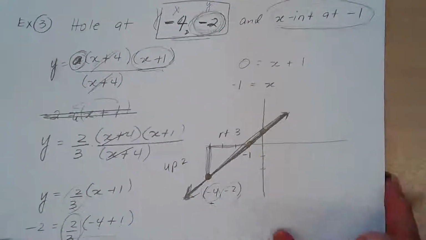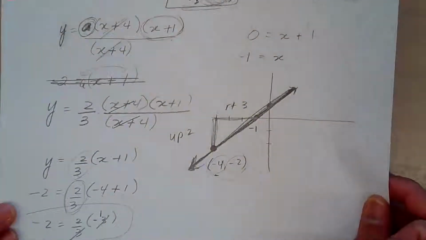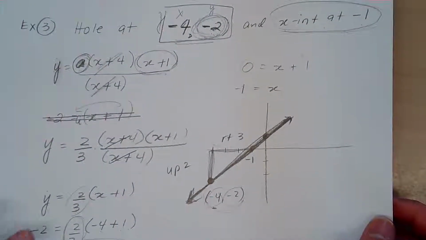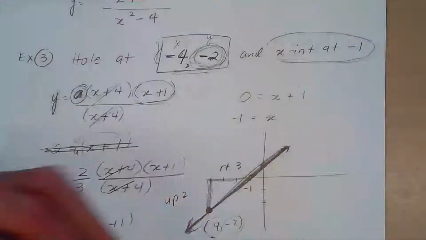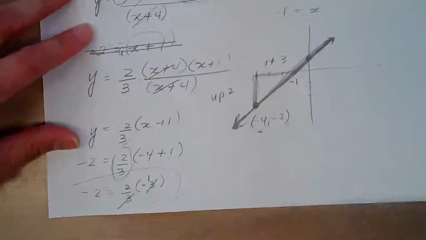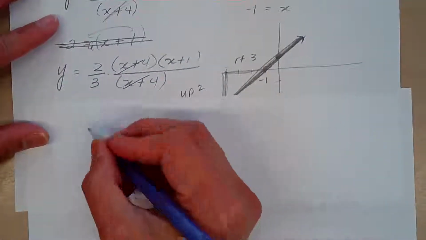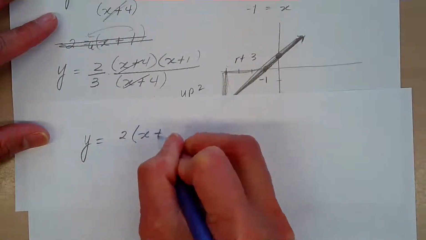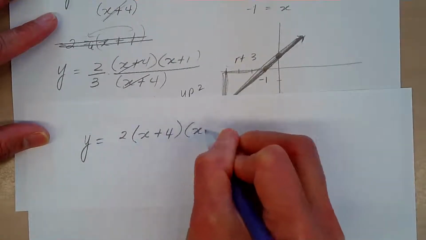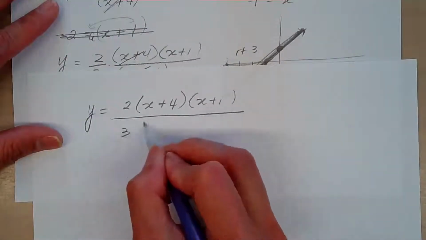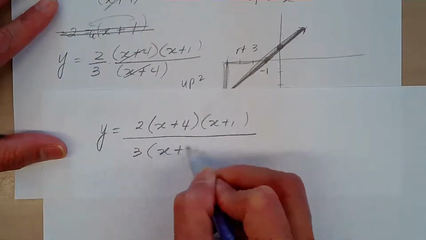Does the 2/3 cancel out? The 2/3 won't cancel out because it was factored out. So whatever the numerator is, I'm going to fix that one. This is what it would look like if we were to simplify that further: 2 times x plus 4 times x plus 1, and the denominator is just 3 times x plus 4.